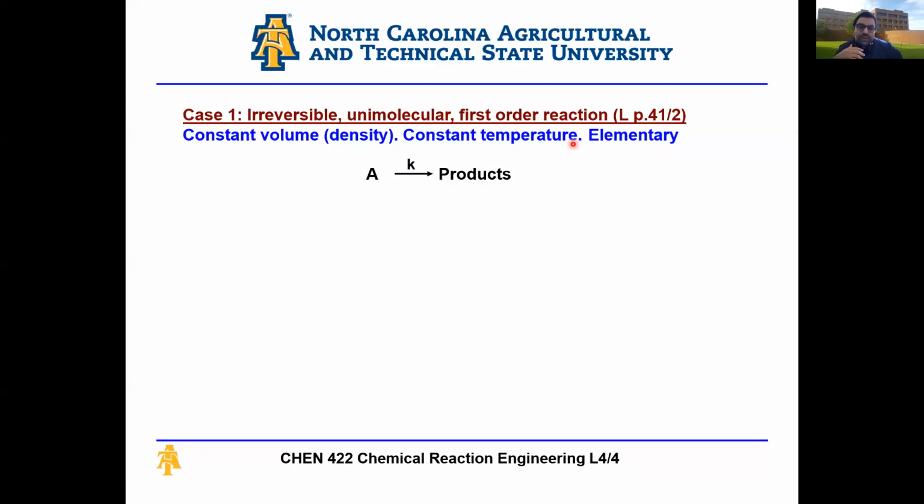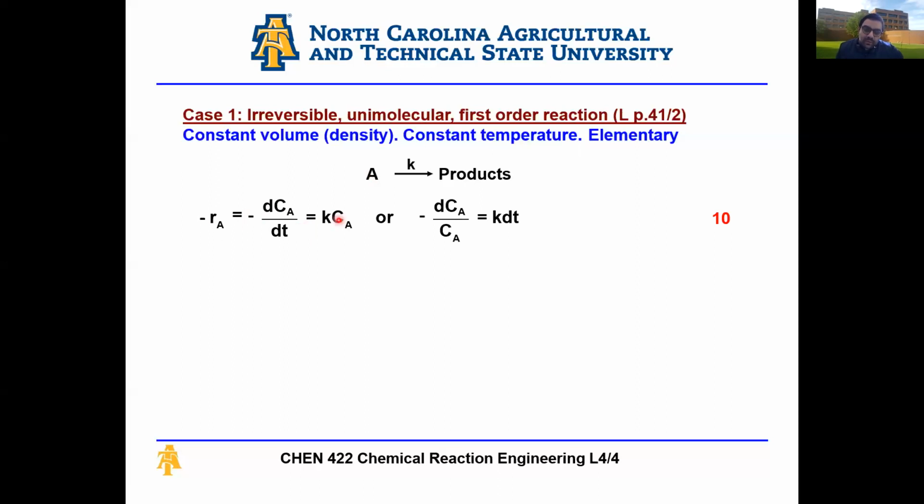So let's say I have this reaction. I have A reacting at a reaction rate constant of k to give me some products. What's my reaction rate? If you recall, minus rA is equal to minus dCA by dt. This minus is because A is a reactant, and minus dCA by dt is equal to kCA.